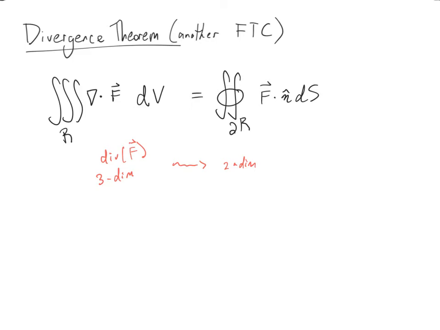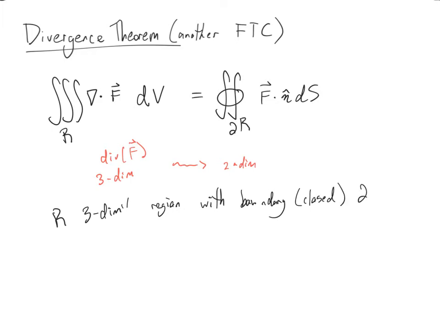For Green's theorem, our curve needs to be a closed curve. So what we need here is that R is a 3-dimensional region with boundary, which is closed, boundary of R.